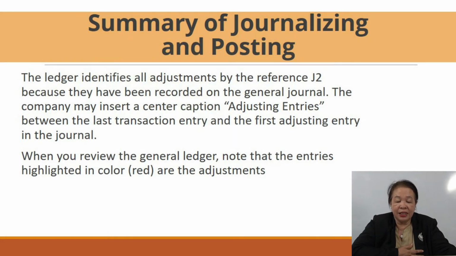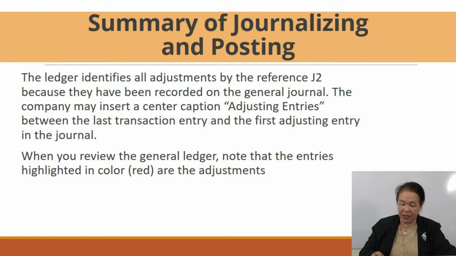Summary of journalizing and posting, no? So, the ledger identifies all adjustments by the reference, J2, ito yung journal 2, because they have been recorded on the general journal. The company may insert a certain caption adjusting entries between the last transaction entry and the first adjusting entry in the journal, no?